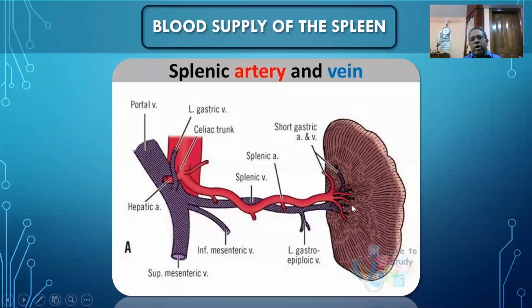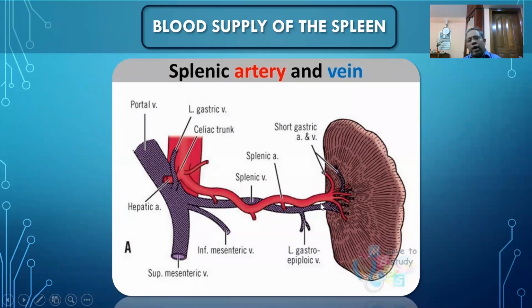The vein that drains is called the splenic vein. From the splenic artery near the hilum, the short gastric vessels arise and supply the greater curvature of the stomach near the fundus. For that reason, the short gastric vessels are required to be divided, ligated and cut, or divided by diathermy, to disconnect the spleen from the stomach.